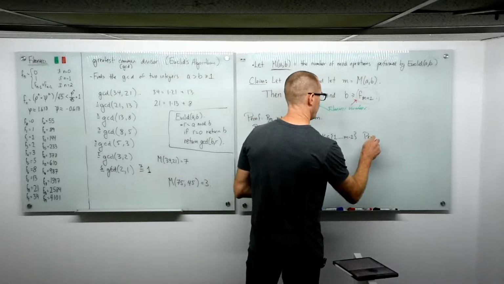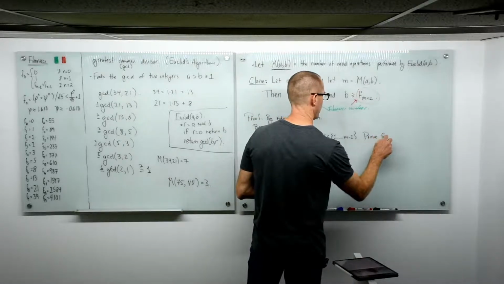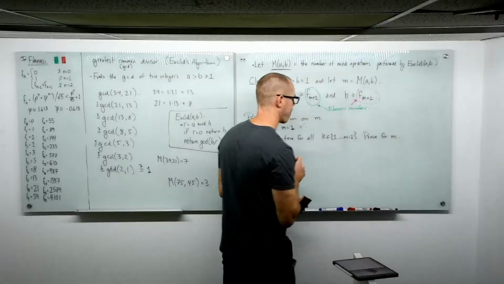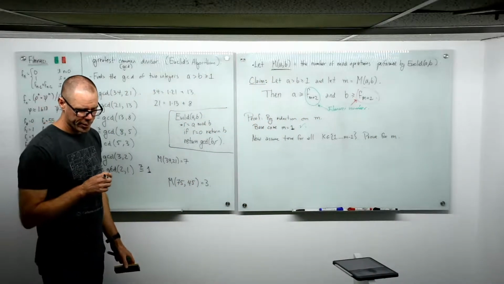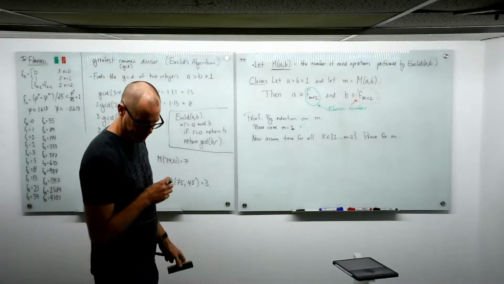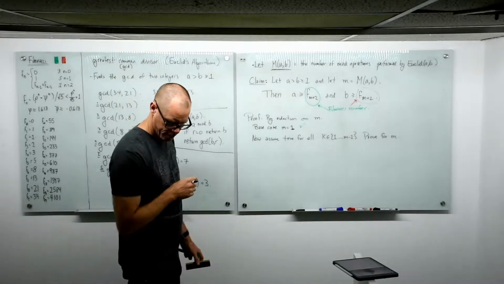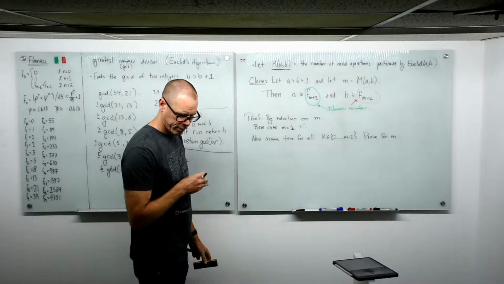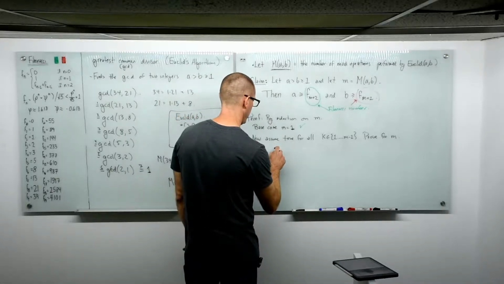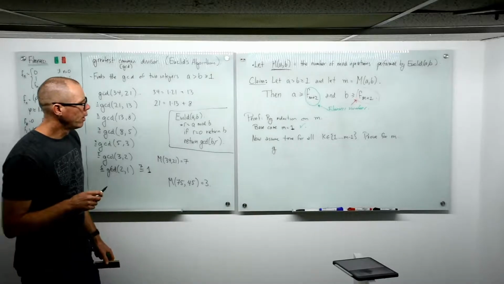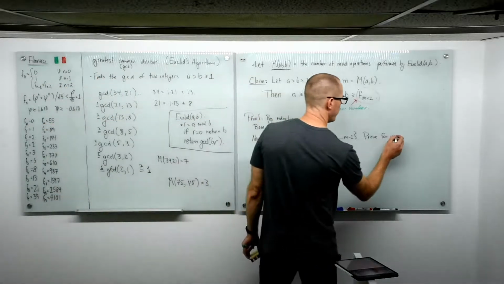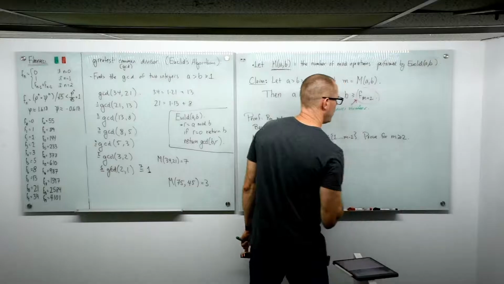And now prove it for m. So if m is bigger than 1, so m is bigger than or equal to 2.